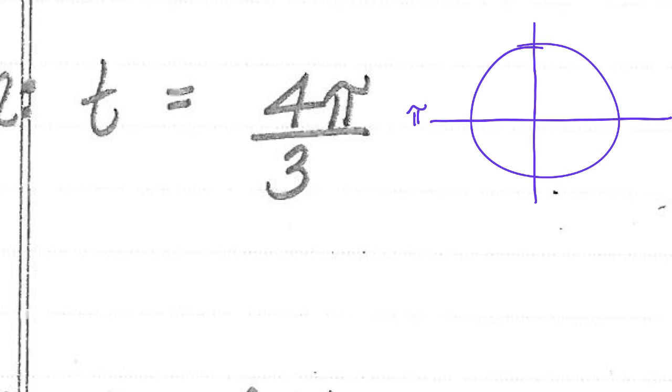So 4 pi over 3 is going to be about here. Notice we've already traveled around the unit circle halfway, but we're going another, I know that this is a 60-degree reference angle, to give us that place where we are at 4 pi over 3. And I know that this is negative 1/2 and negative root 3 over 2.